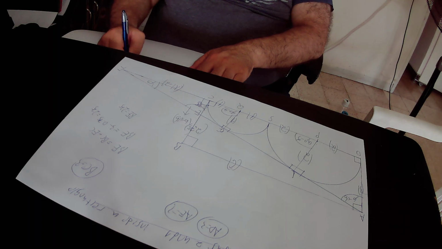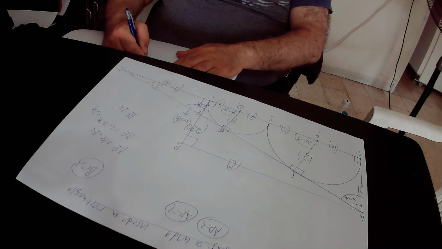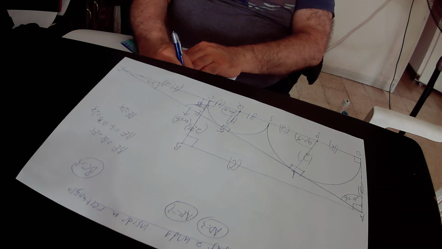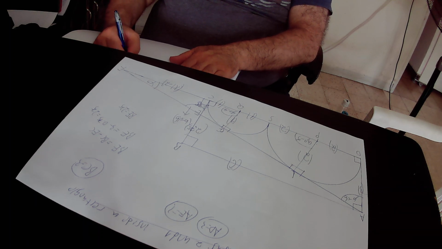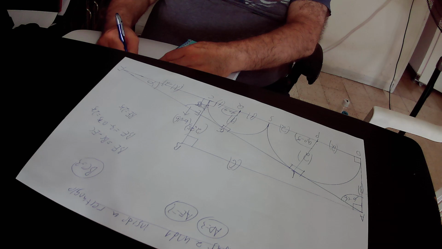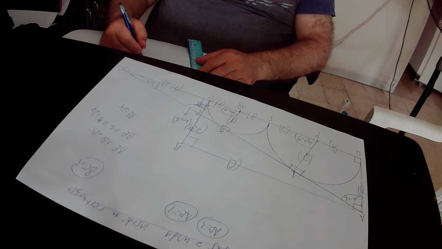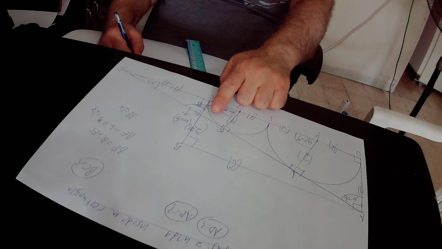Side AB equals 6 units in its length, and side BE equals 2.25 units in its length.